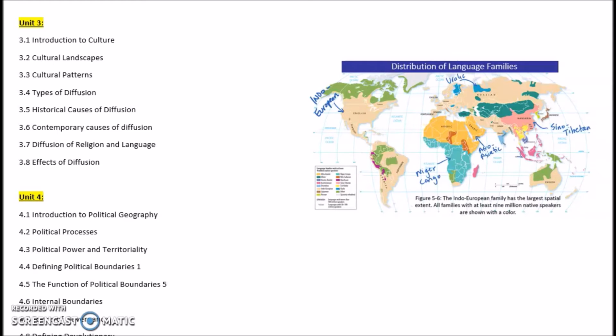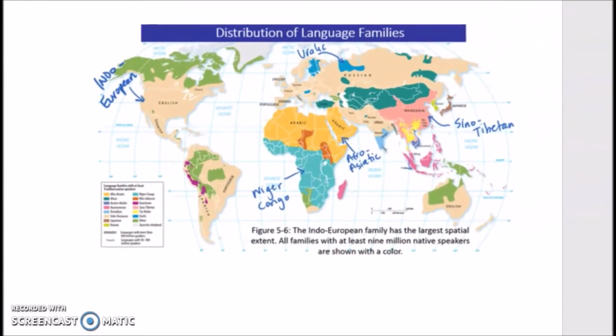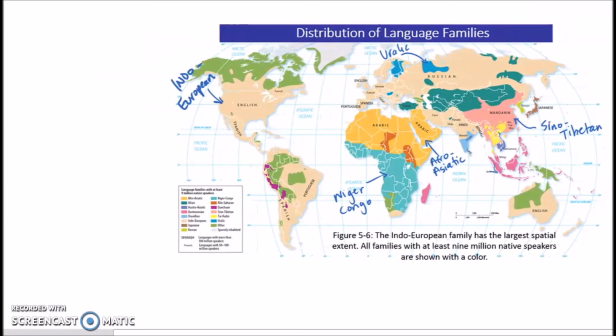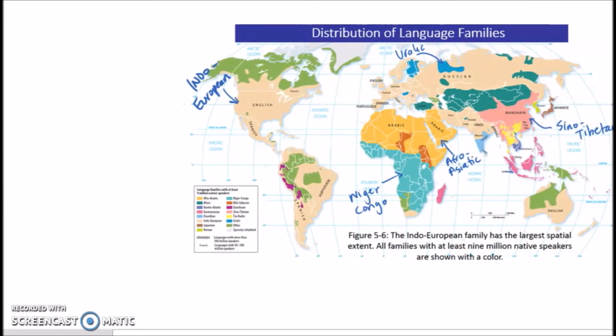Religion and language, you should also remember the connections between religion and language, especially when it comes to Arabic. I have this map added on to the document as well. This is really useful, and it also gives you a review of the Sino-Tibetan languages versus Afro-Asiatic, Niger-Congo, Uralic, and Indo-European.